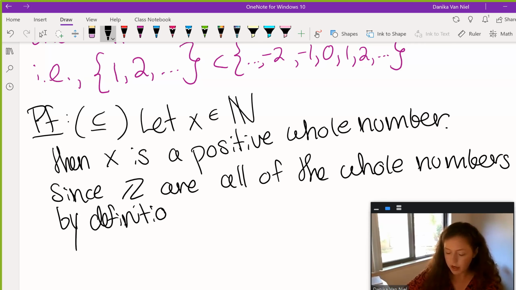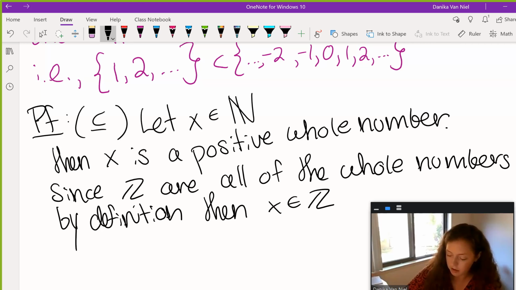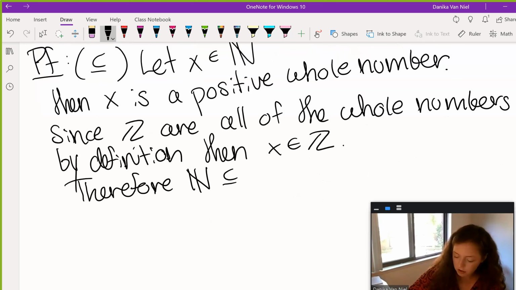By definition, and I'm imagining our universal set is the reals, or the real number line, X is an element in Z. Therefore, the natural numbers are a subset of the integers.